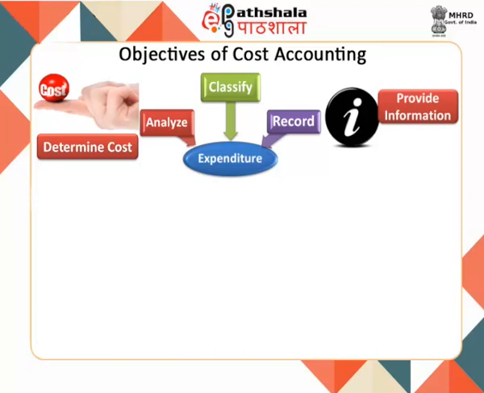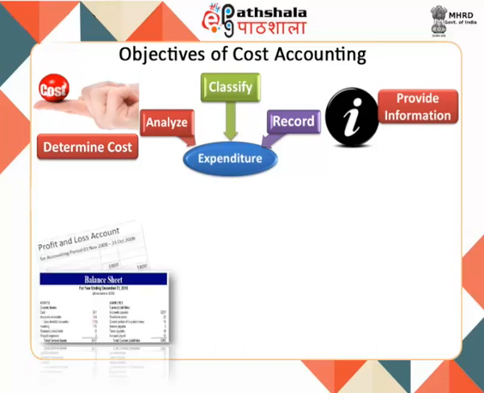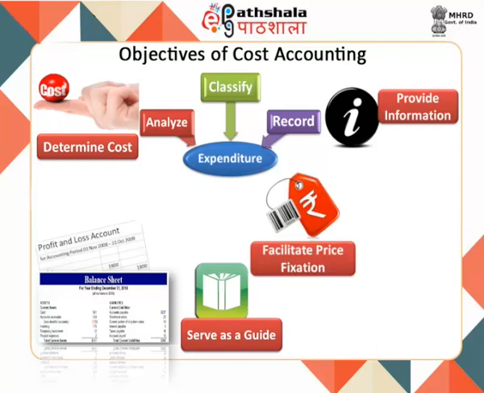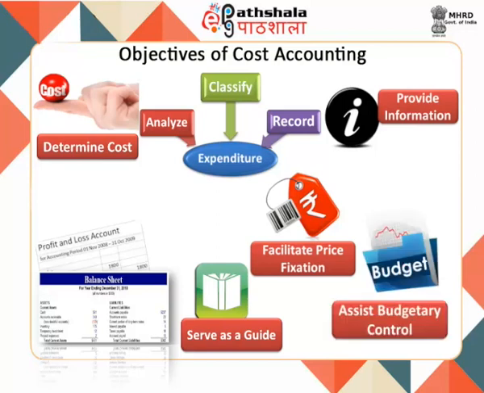Number four, to provide data needed for periodical preparation of profit and loss account and balance sheet. Number five, to serve as a guide by providing actual data for comparison. Number six, to facilitate price fixation and offering quotations. Number seven, to assist in budgetary control.